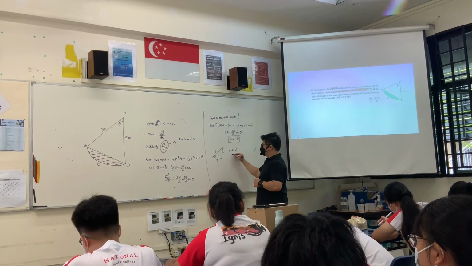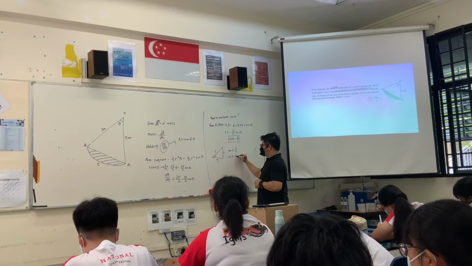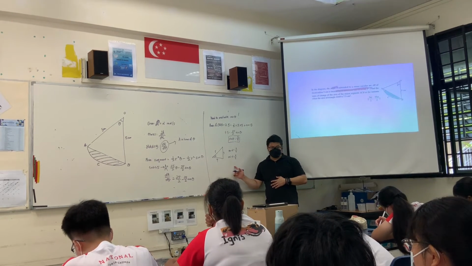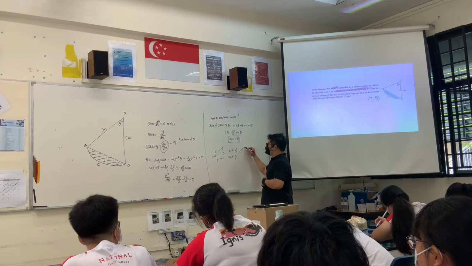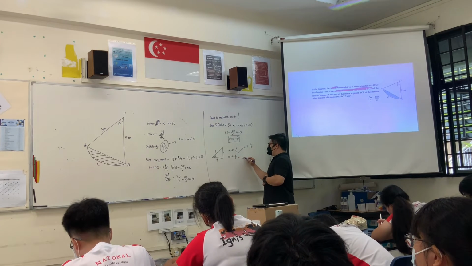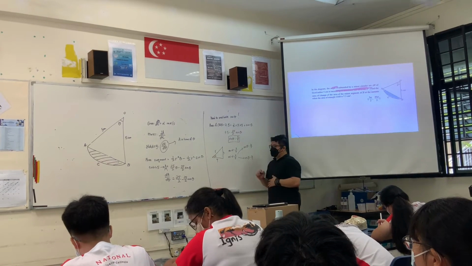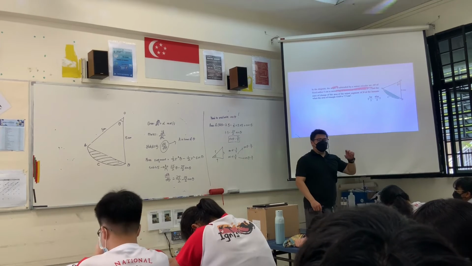So what will cosine alpha be? It will be 4 over 5. But you must note that cosine theta could be 4 over 5, or it can also be negative 4 over 5. The reason is because they use the word minor. This theta could be obtuse.